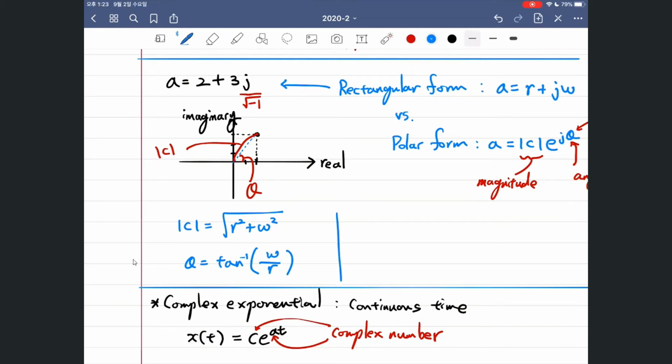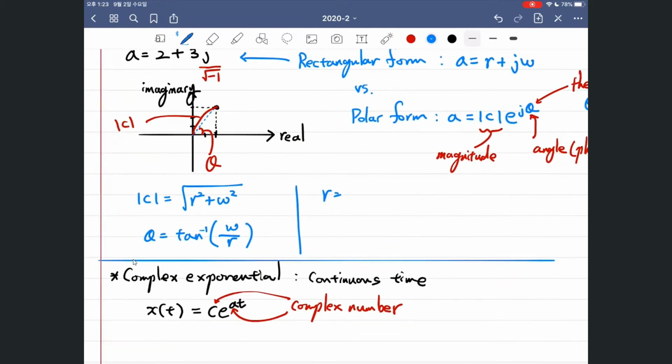And also, R can be obtained by using magnitude and theta, which relates R as a cosine relationship. So we can write this as magnitude times cosine theta, and omega can be obtained by using the sine relationship, so C times sine of the angle.